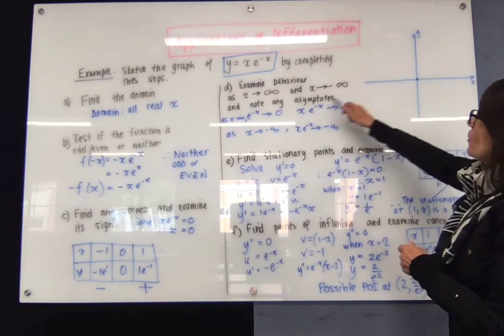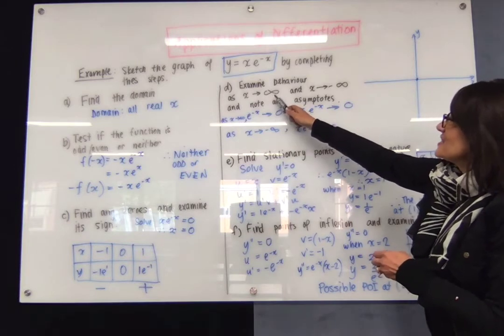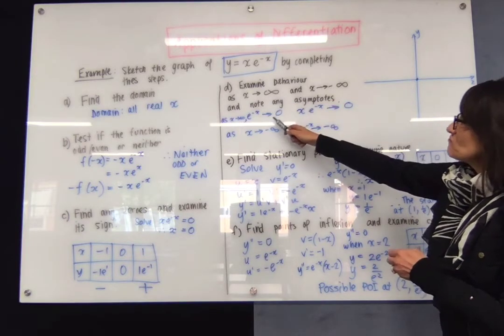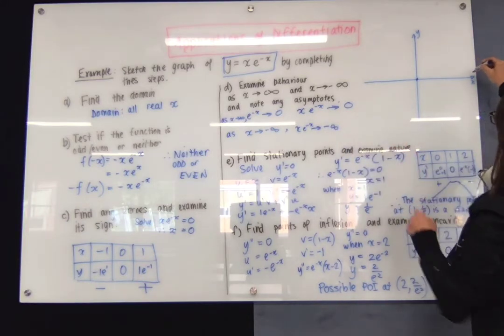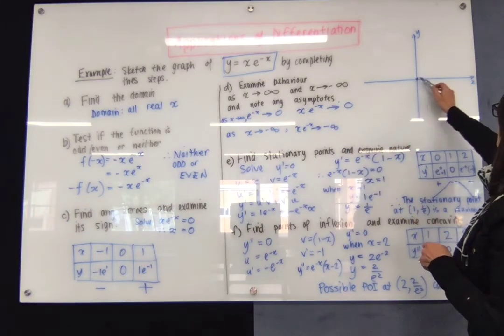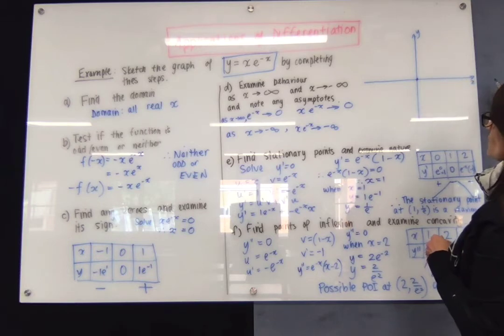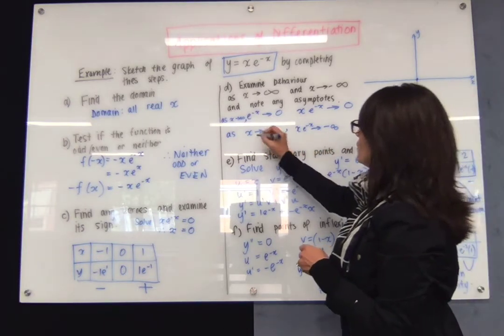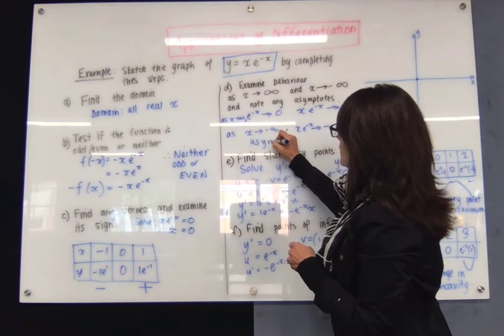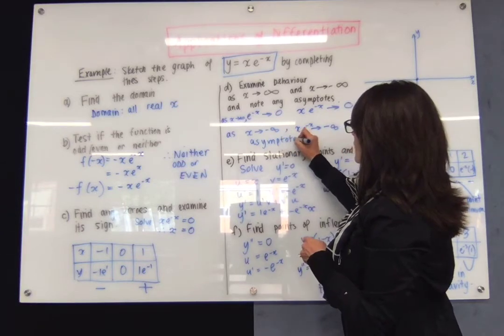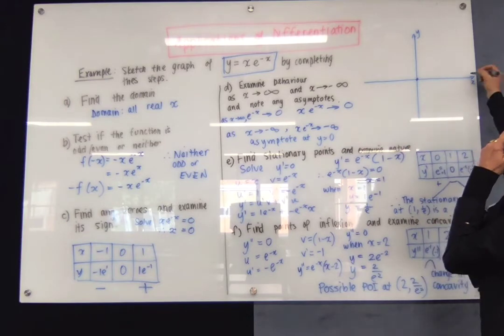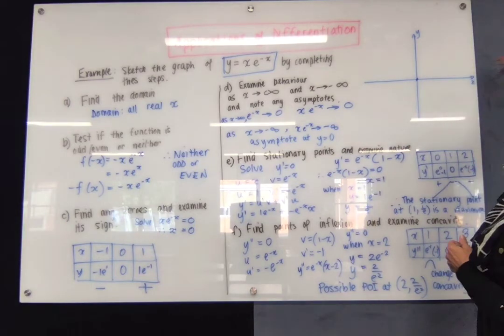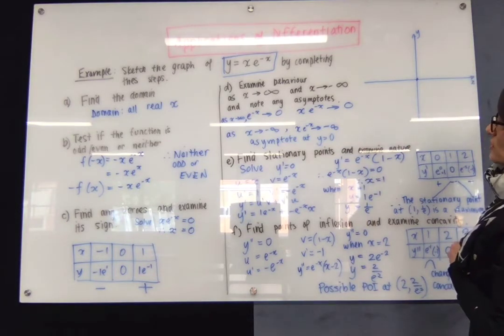We also know as x is approaching infinity in a positive direction, our function's actually going to get close to 0. So this is going to become an asymptote. So we have an asymptote at y equals 0, in other words, our x-axis, as we go in this direction.